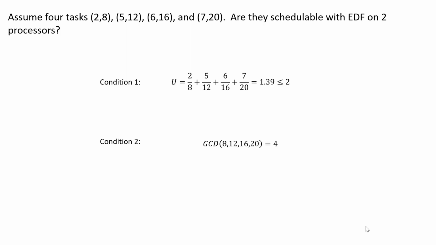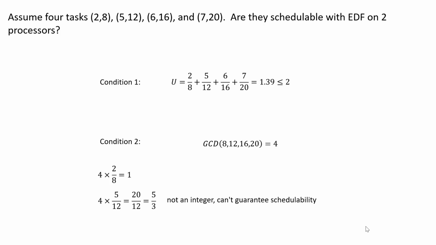The second condition is kind of strange. You have to calculate the greatest common divisor of the periods, which in this case is 8, 12, 16, and 20, so it's 4. Then you multiply the greatest common divisor of the periods times the ratio of execution time over period, and you're looking for that number to be an integer for all the tasks.